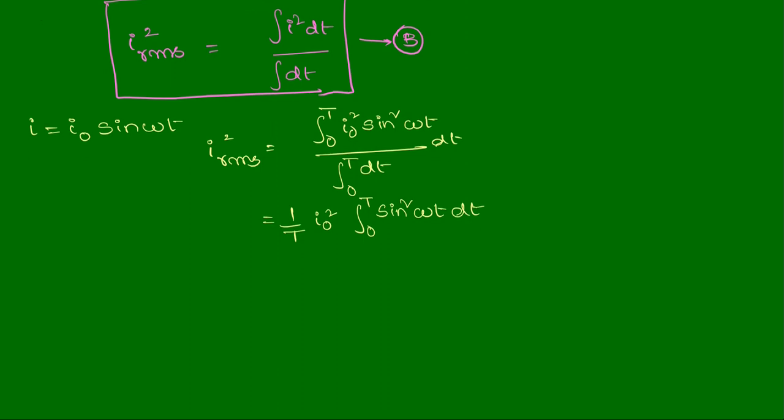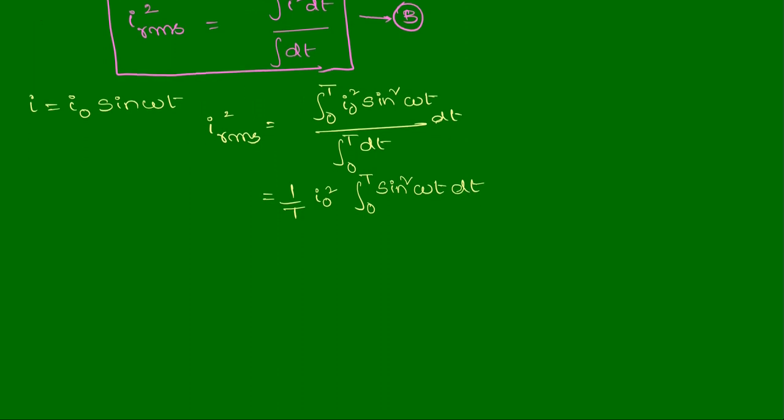Now from this we can write sine square omega t as 1 minus cos 2 omega t by 2.